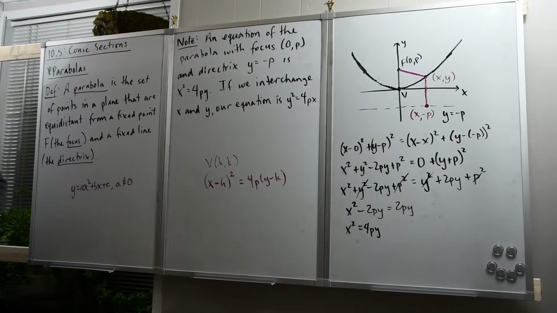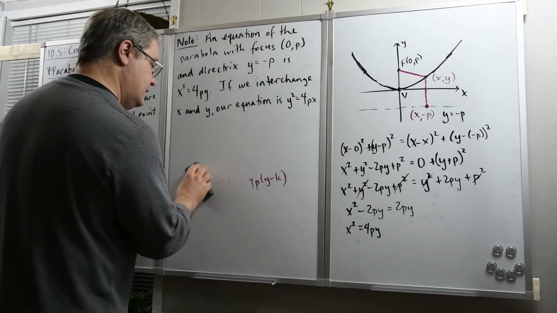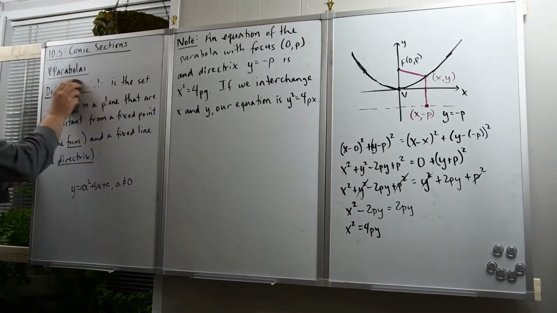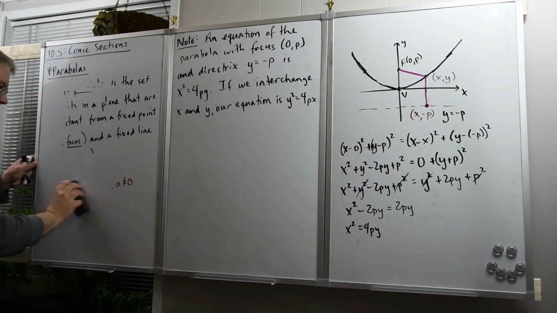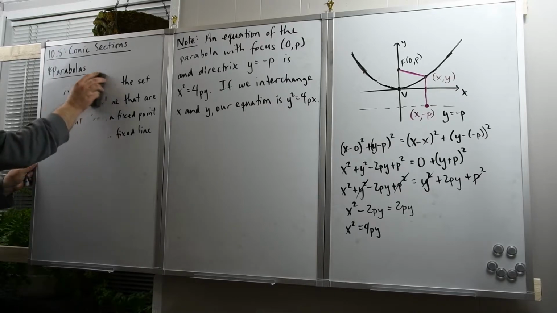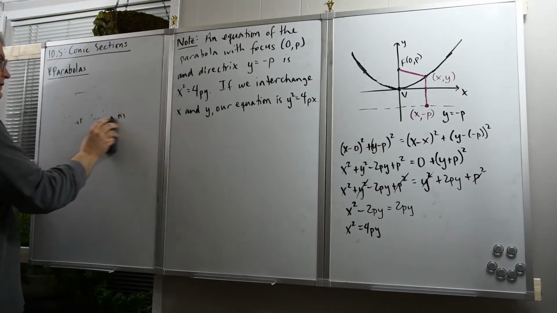So we're going to be taking a look at finding the focus and the directrix of a particular parabola. Now, this parabola, we'll see in this example, isn't going to look too bad. Definitely seen worse.